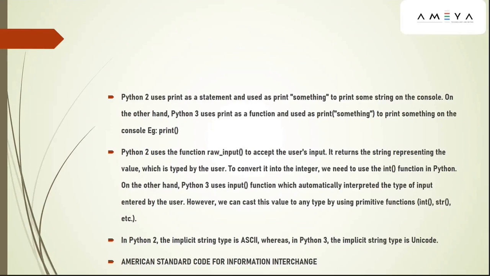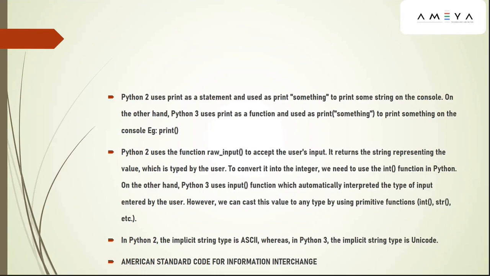So what are all the basic changes available in Python 2 versus Python 3? Python 2 uses print as a statement, used as print something to print some string on the console. On the other hand, Python 3 uses print as a function, used as print in parentheses to print something on the console.